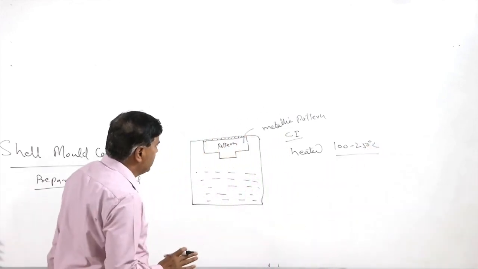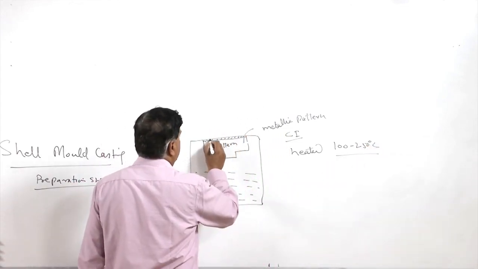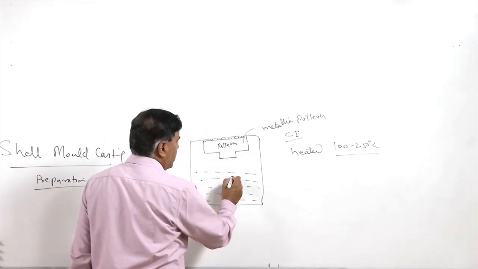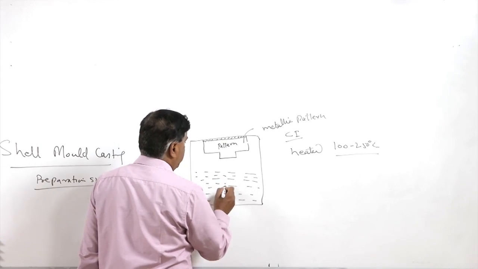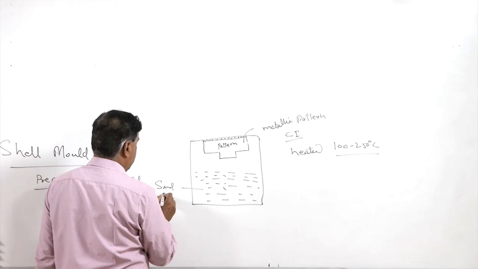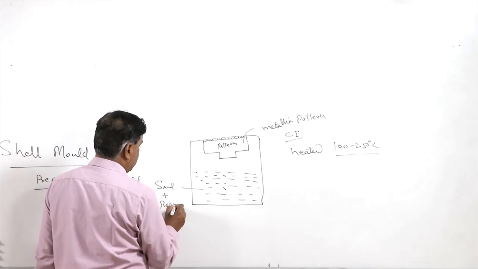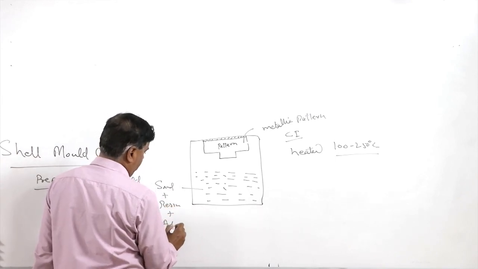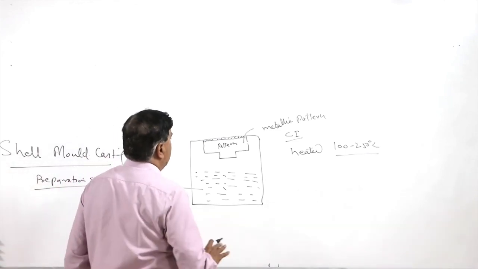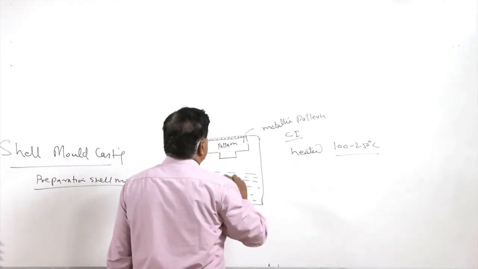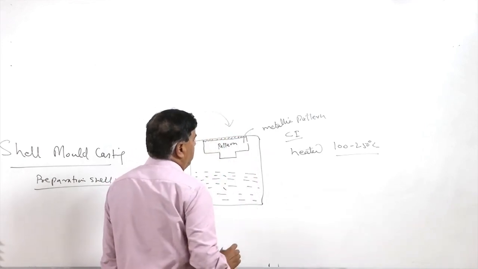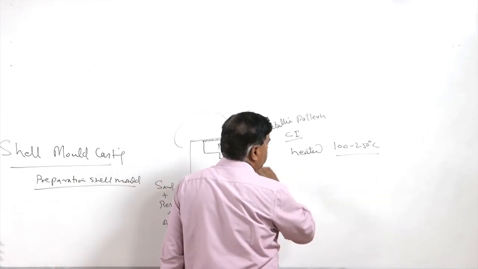So, this heated pattern is fitted in this box which is carrying this mixture of sand, resins and additives. And then we rotate this box so that it is upside down.